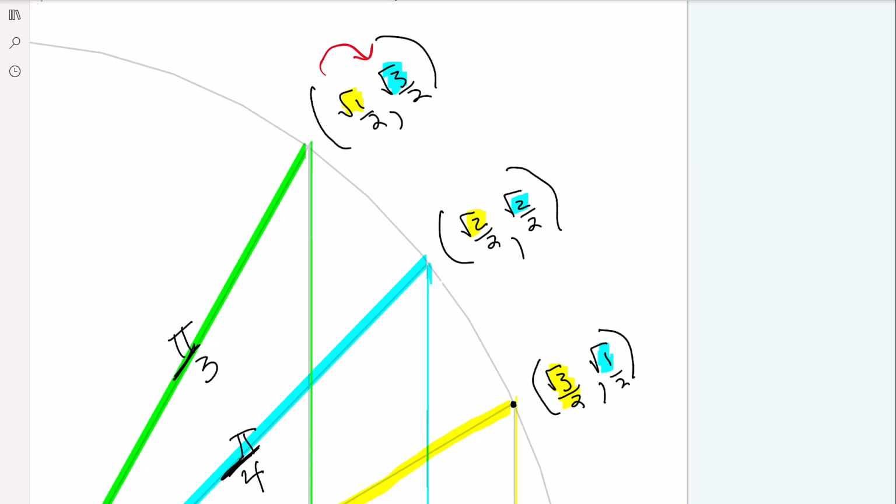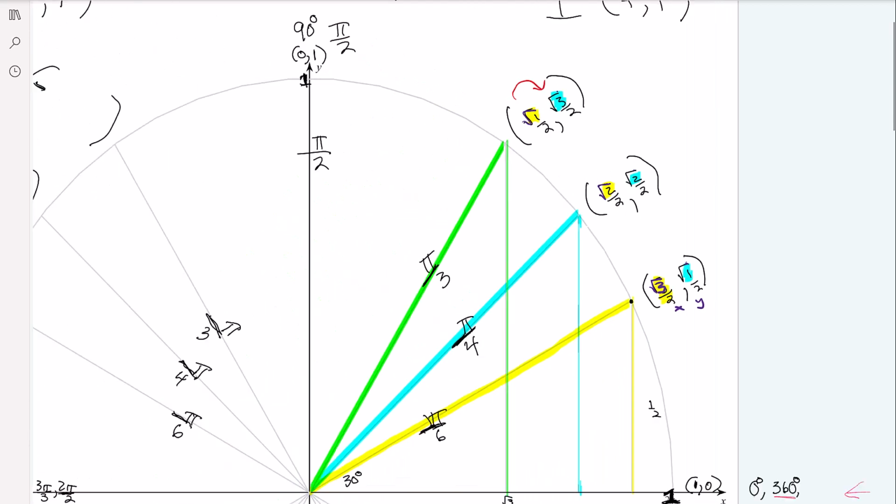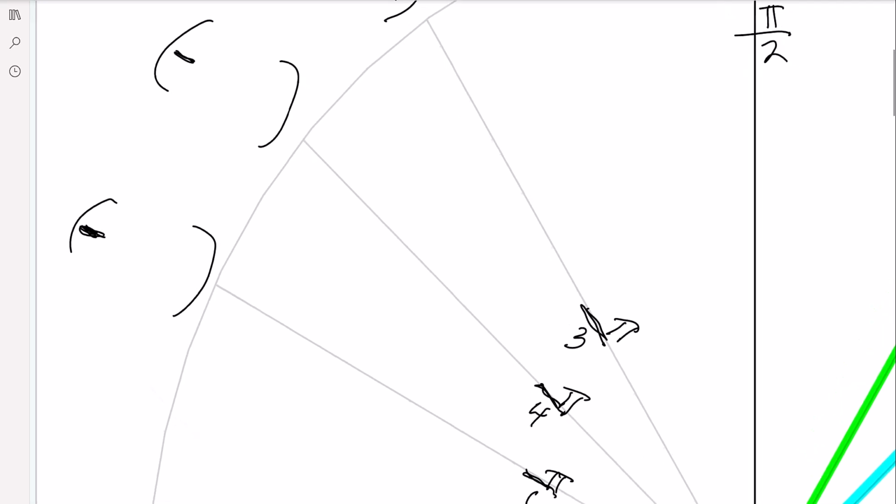The only thing you really have to memorize is that the x's at a 30 degree is root 3 over 2. The y is root 1. And once you know this, then just count for the y's, count up. Root 1, root 2, root 3. For the x's, count down. Root 3, root 2, root 1.